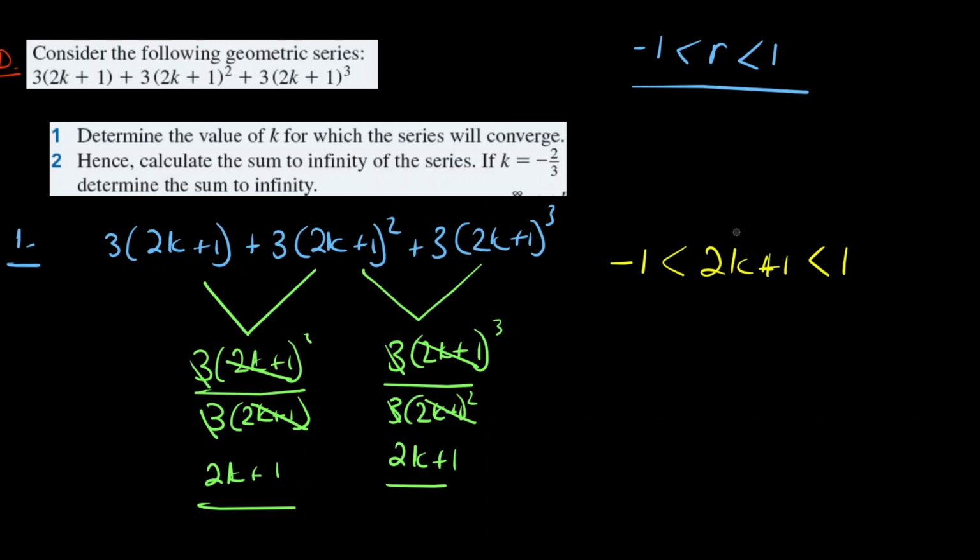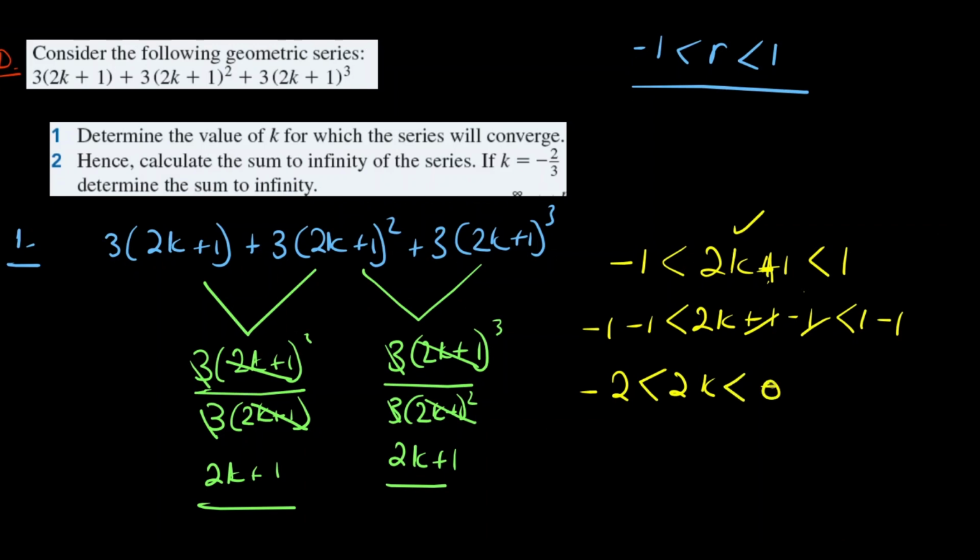And then really now we need to solve for k. How do we do that? We can subtract throughout this equation. Subtract 1 to get rid of this plus 1, so it will be -1 is less than 2k plus 1 minus 1 is less than 1 minus 1. We get -2 less than 2k, because 1 minus 1 is 0, and less than 0, because 1 minus 1 is 0.